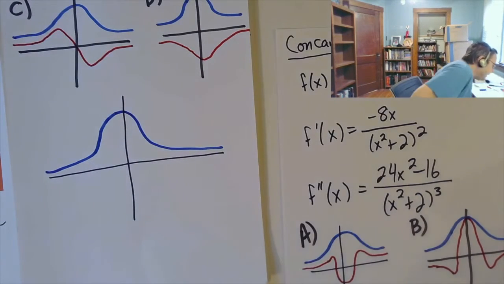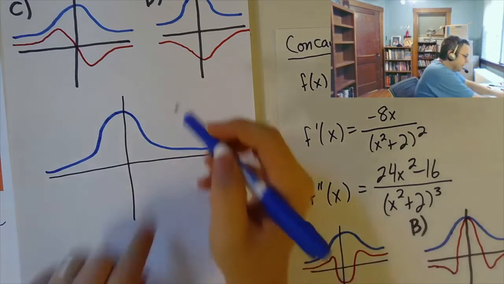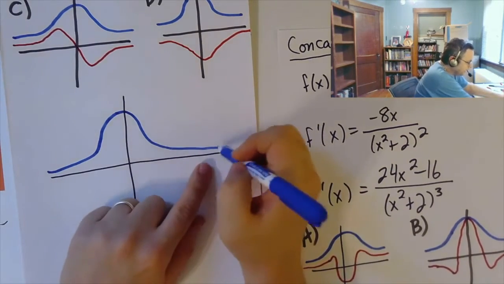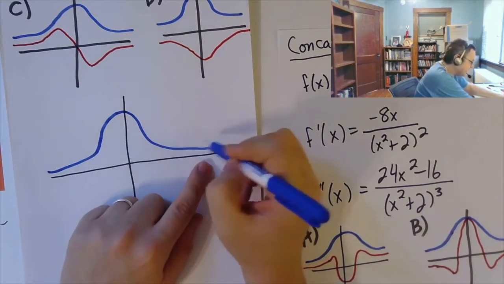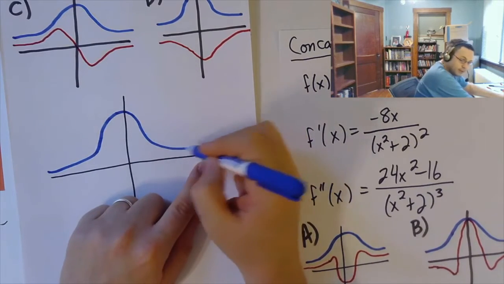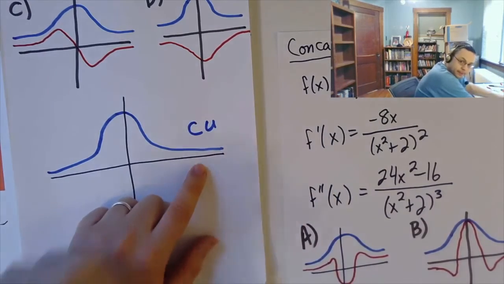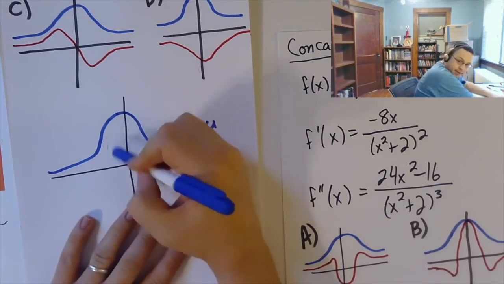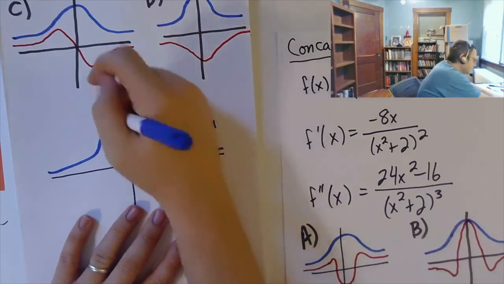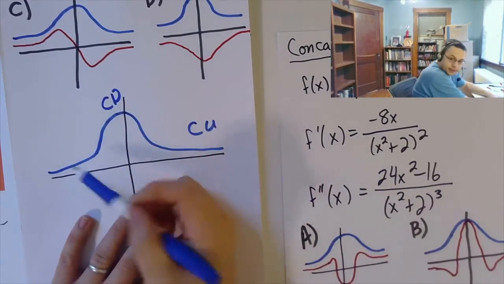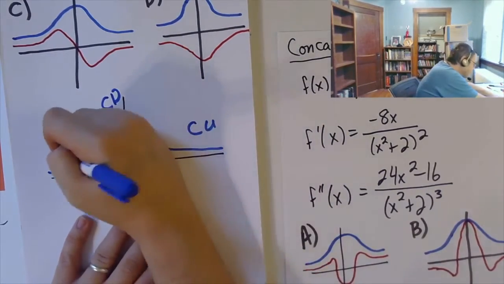And I want to think about the concavity of this graph. So if I look over here, say, this is concave up in this piece. Then in the middle here, it's concave down. And then over on the far left, it's concave up again.